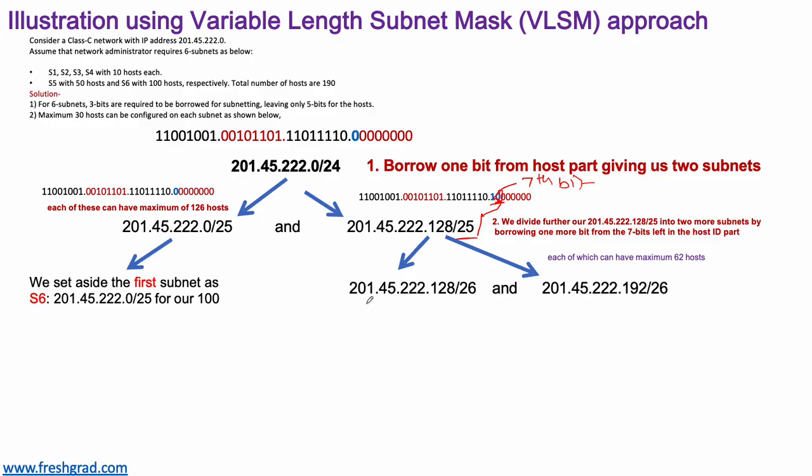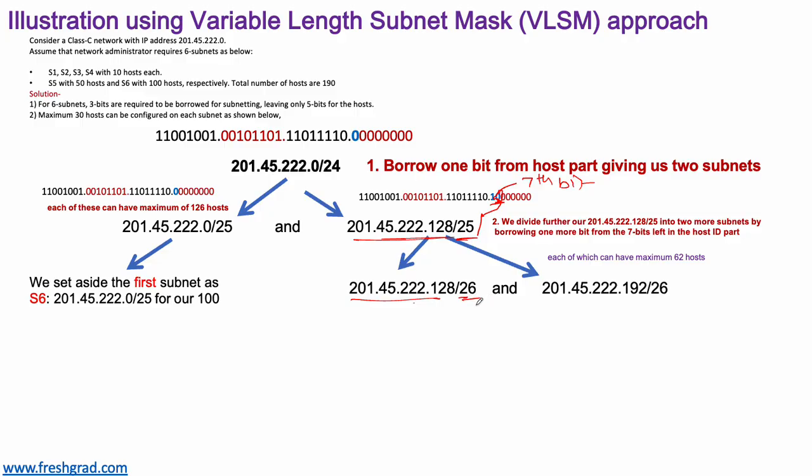And what happens? One will remain the same, right? 201.45.222.128 slash 26 and 201.45.222.192 slash 26. So now 25 becomes 26. Why? Because we divided into two more subnets. We borrowed one more bit and divided. So that's why it becomes slash 26.